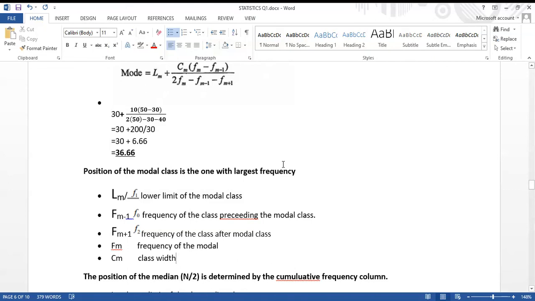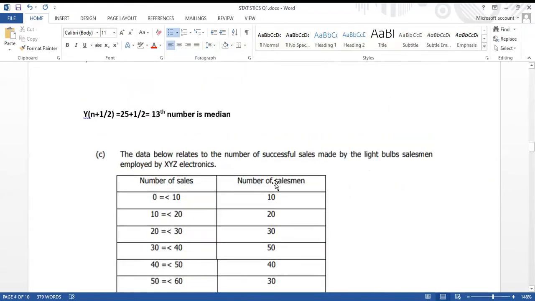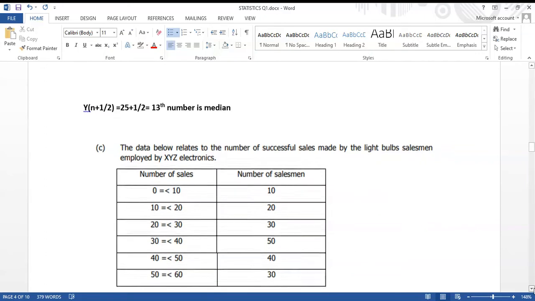Find the class with the largest frequency. After I find that, find the lower limit. So on the frequency, this is always given. As you can see in the question here, this is the frequency, number of cells. Frequencies are always given.